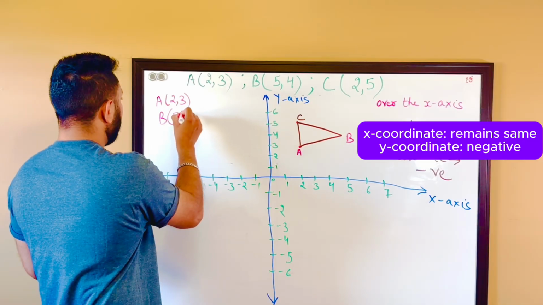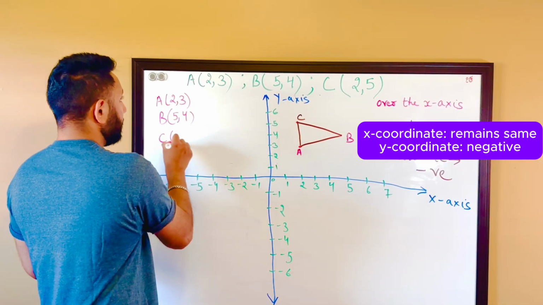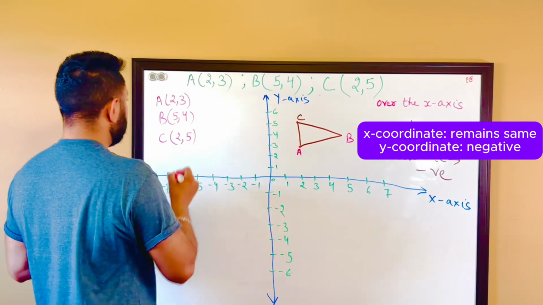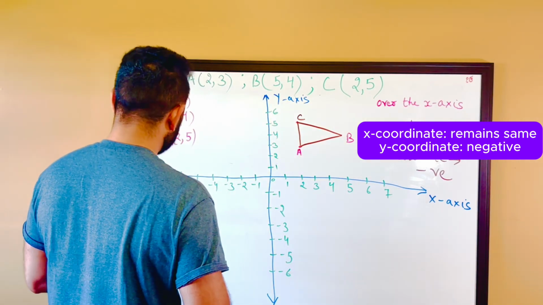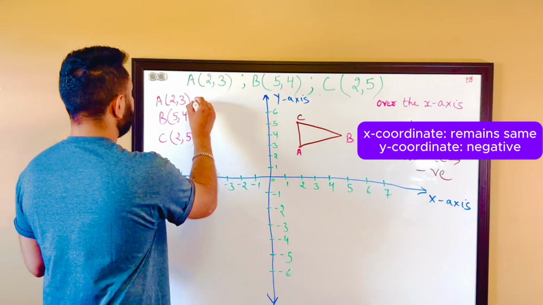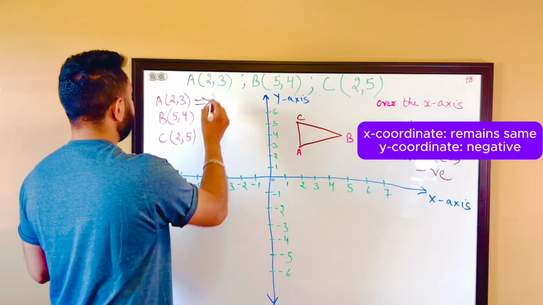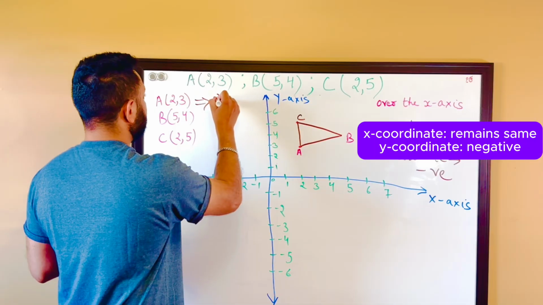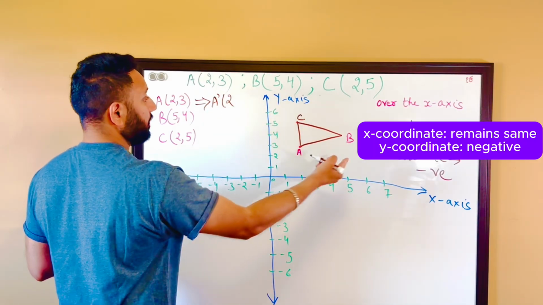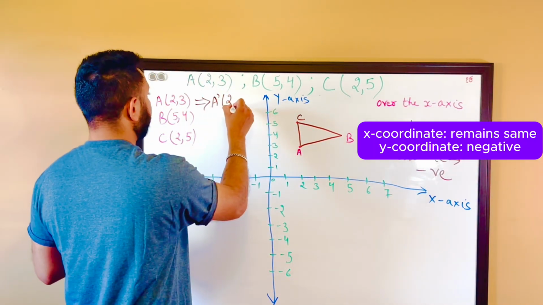So 5, 4, 2, 5. The x coordinate will remain the same, so that means 2, and the y coordinate will be negative.